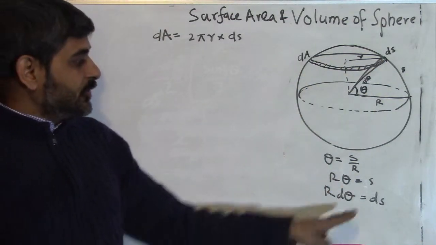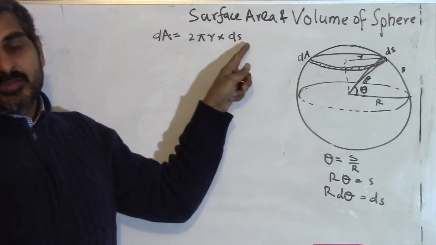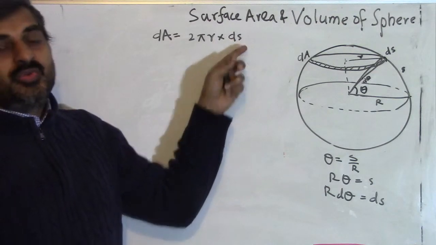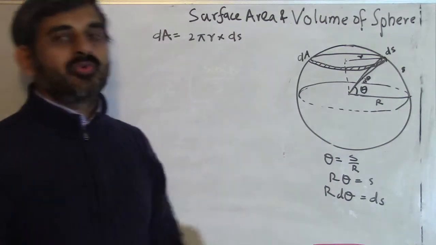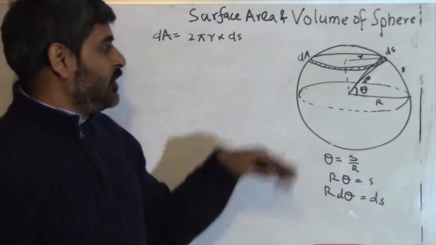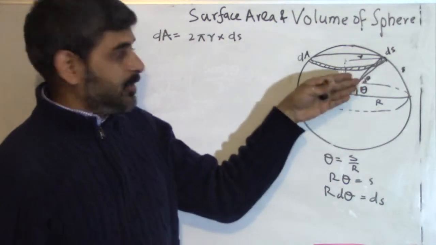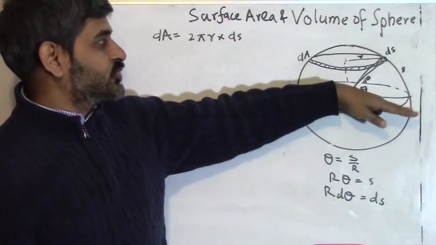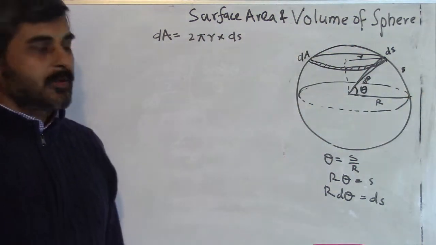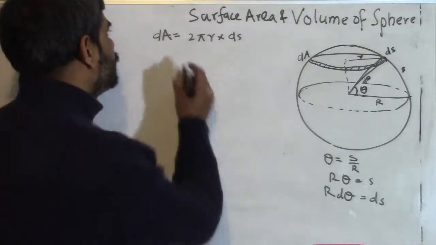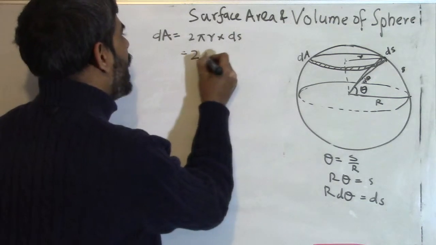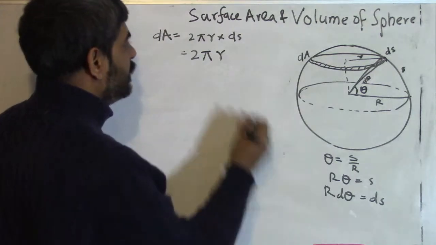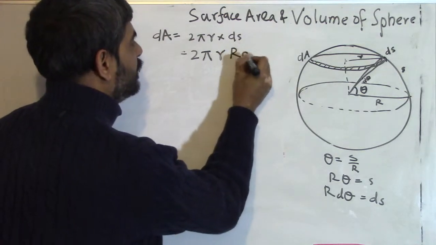The intention of introducing this is to replace the variable ds, which we cannot measure and don't know how it's varying, with a more known variable theta, which varies from 0 to pi by 2 as we sweep this angle. So this becomes 2 pi r into capital R d theta.